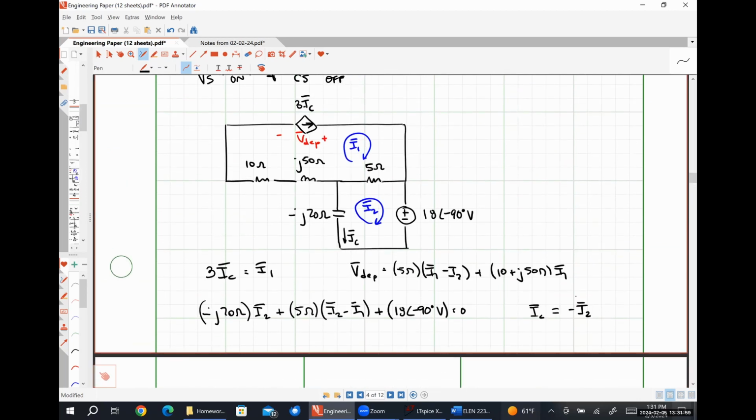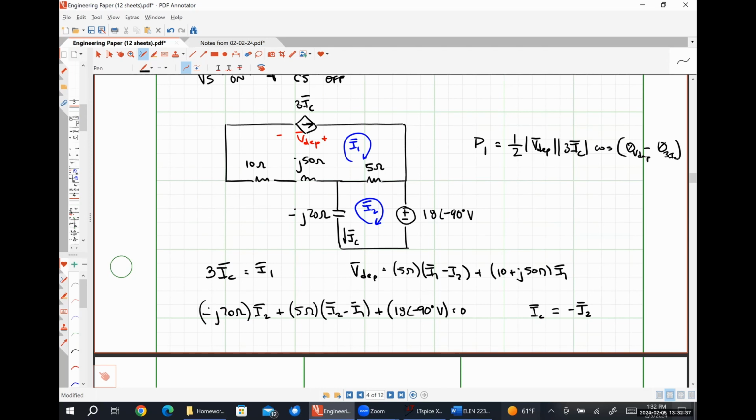I'm going to call this P1, and that is going to be 1/2 the magnitude of V dep times the magnitude of 3IC times the cosine of the angle of V dep minus the angle of 3IC.